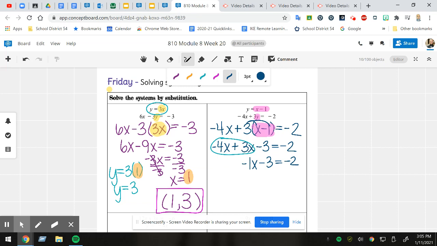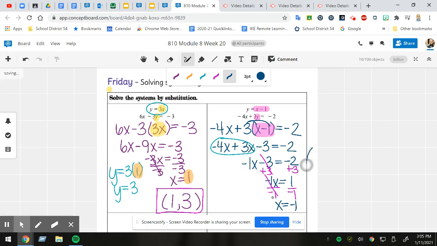I need to add 3 to both sides. Almost done. So I have negative 1x equals positive 1, but you know I can't have a negative x. So I divide by negative 1, and x is equal to negative 1.